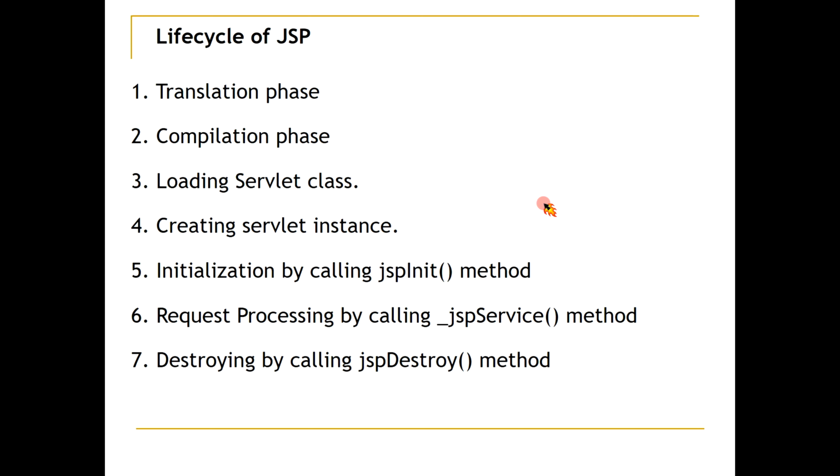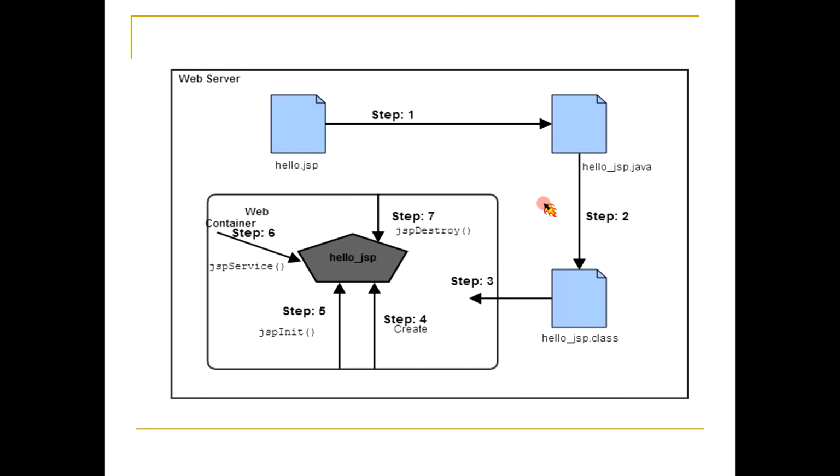Basically, if you know the servlet lifecycle, then you will find that the 5th, 6th, and 7th phases are similar to the servlet lifecycle. From there, it will be converted and start the servlet lifecycle. Before that, there is some processing that we need to know. We will see the details of all these phases.